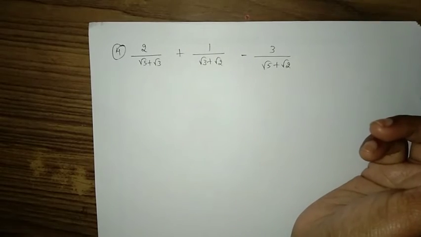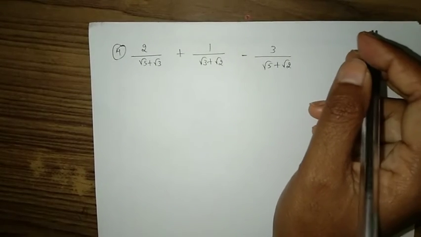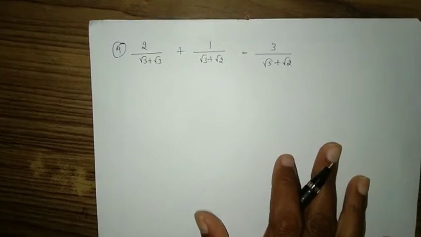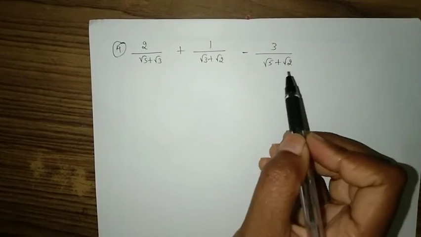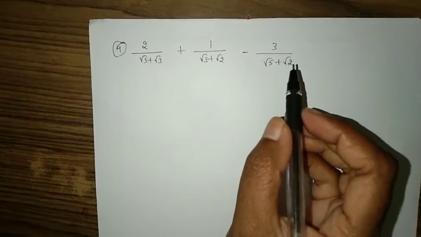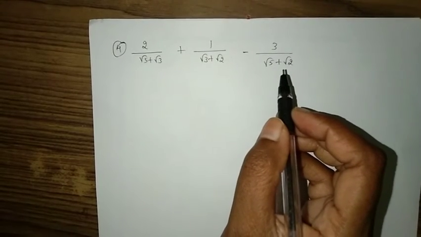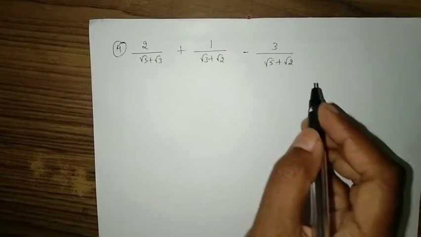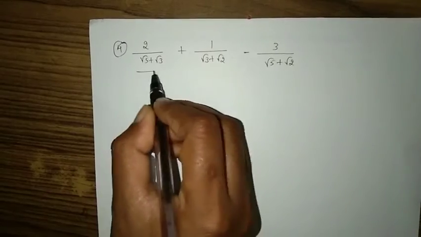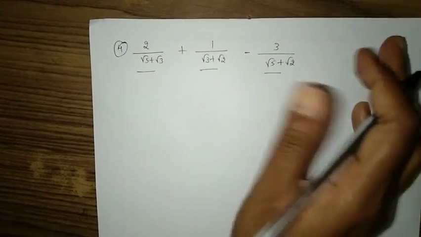How can we do this? This may look a little complicated, right? Because it has 3 terms, we can solve it easily. We just have to do what we did in the last sum. We have to take these as individual terms.